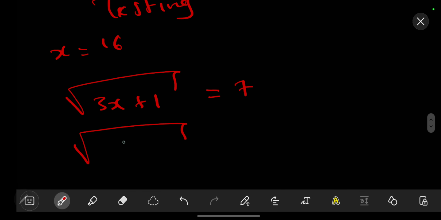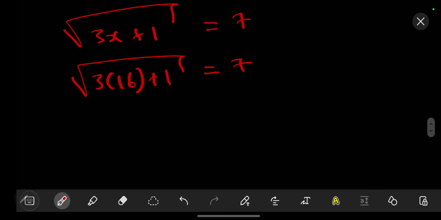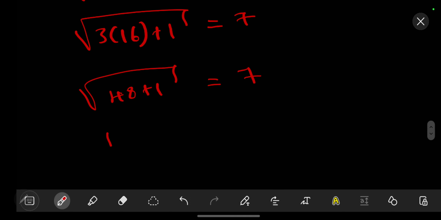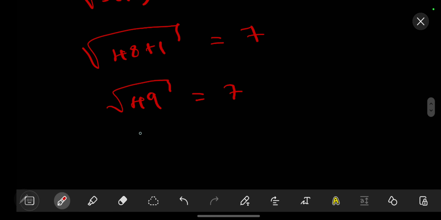So the square root of 3 times 16 plus 1. Then 3 times 16 gives you 48, plus 1, so we have the square root of 49, which should be equal to 7. The square root of 49 gives us 7, which is equal to 7.